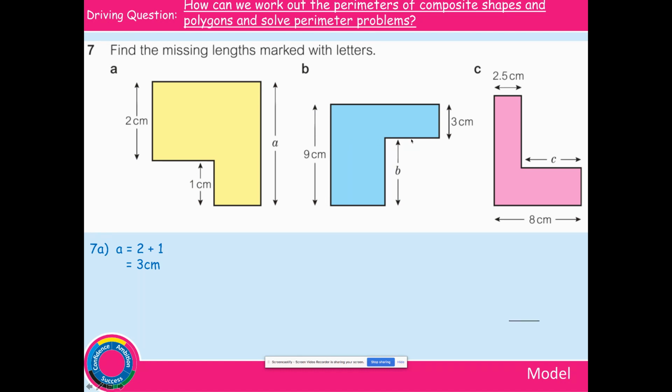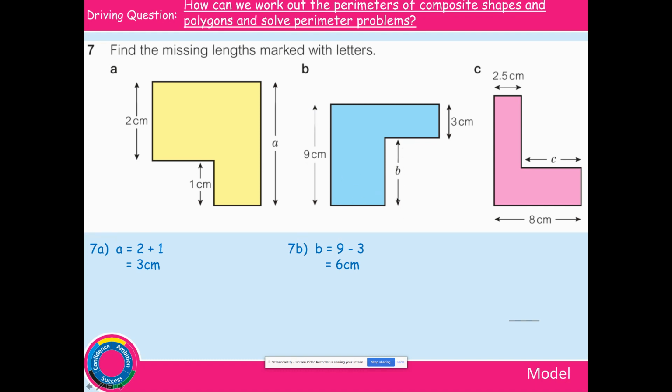Because if I draw a line along here and put a little mark here, I know I've got 9 centimetres, take away the 3 centimetres, and that will tell me what's left. So 9 take away 3 equals 6. So I now know that B equals 6.